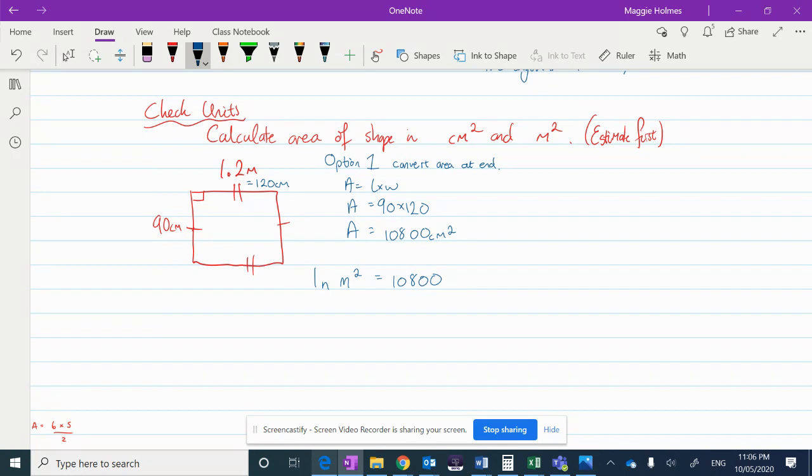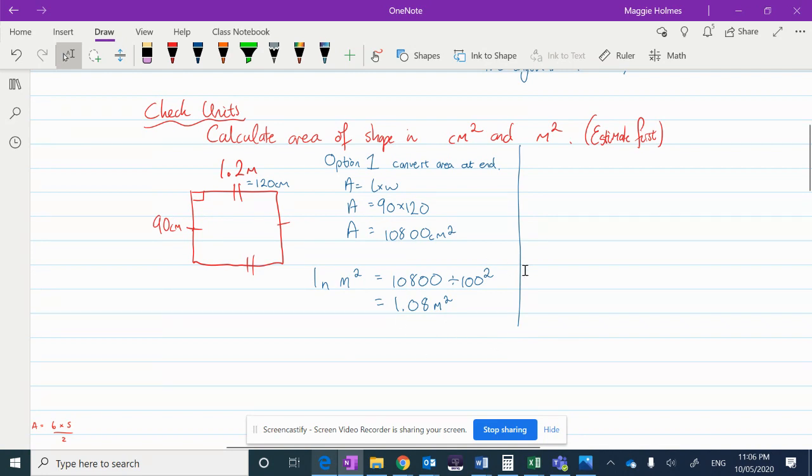We're using that 100, right, because there's 100 centimeters in a meter, and we are dividing by it because we're going to the bigger unit, and we're using area, so we're squaring that. So I'm going to have that divided by 100 squared, which is 1.08 meters squared. All right, remember we estimated it's going to be just over a meter or around a meter squared, so that's perfect. I figure that's a reasonable answer.